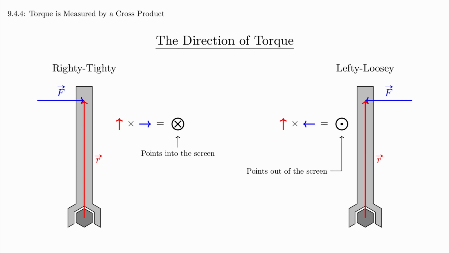And this dot should be thought of as the tip of the arrow pointing out at you. It's important to know that there are left-handed screws and threads that do the opposite of this, so it isn't some rule that all threads have to behave this way. But the overwhelming majority of the screws that you will run into are designed like this. In the next video, we're going to take a look at the geometry of the cross product.